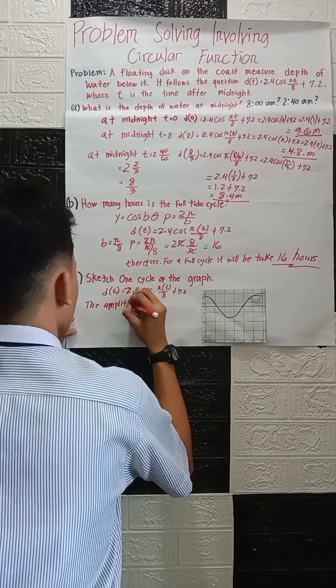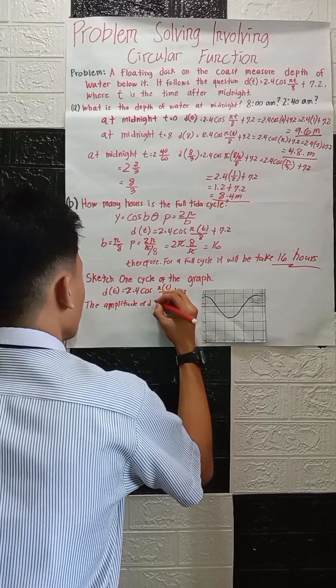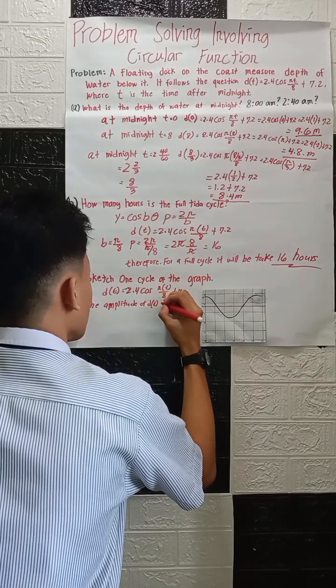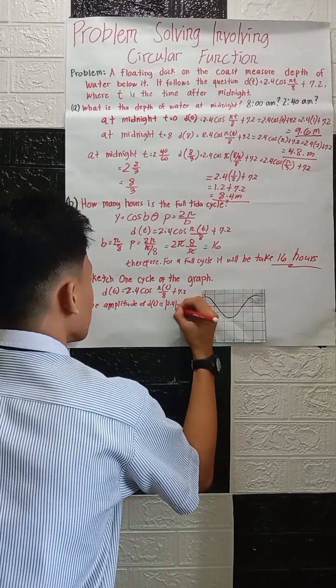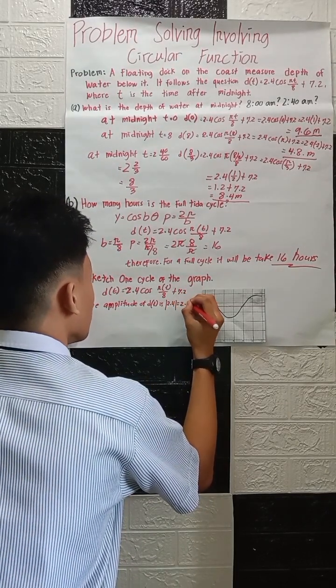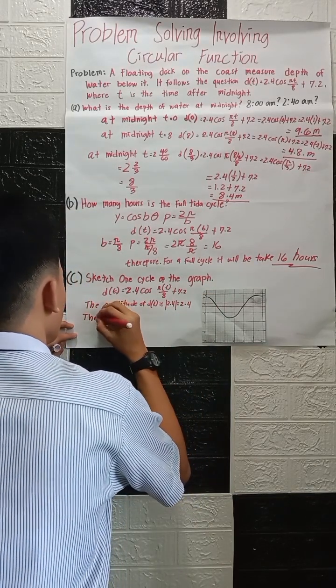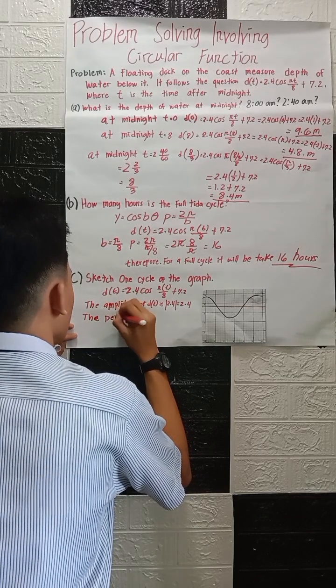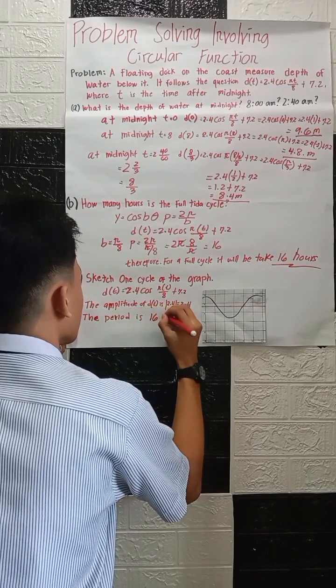So what are the properties of the graph? The properties of the cycle: the amplitude is 2.4. The period, we already got it earlier, is 16 hours.